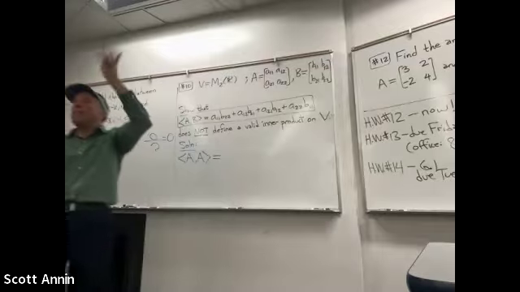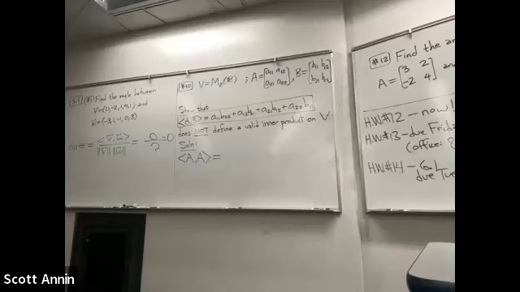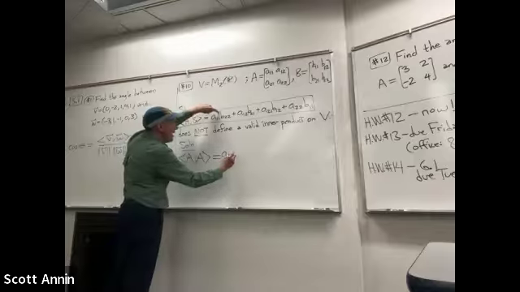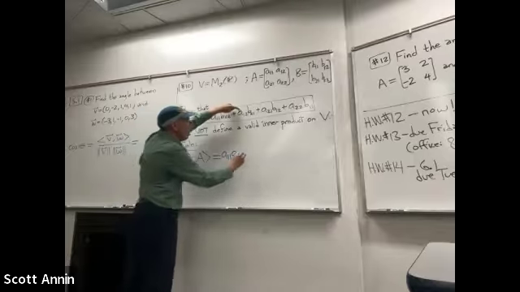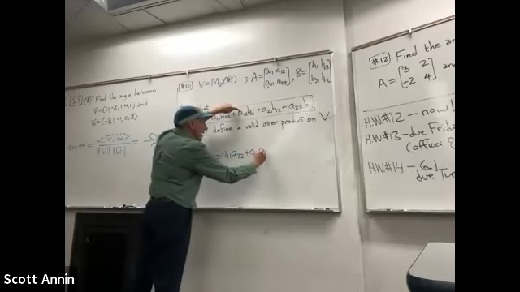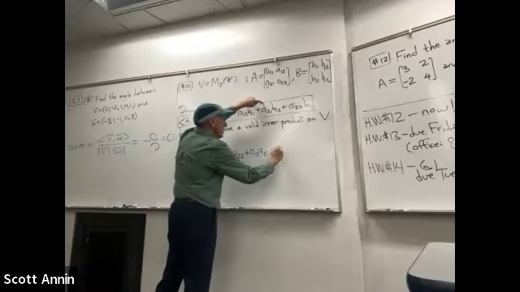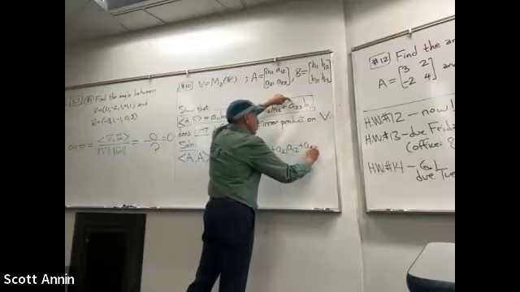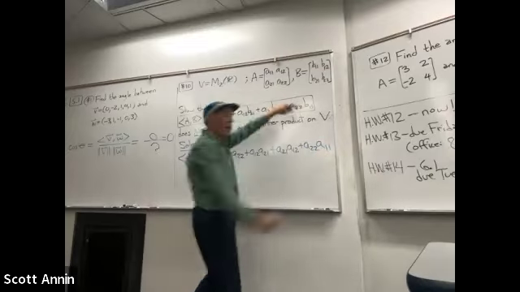And now we don't have any B's anymore. It's just duplications of the A's. So this first term is A11, A22 plus A12, A21 plus A21, A12 plus A22, A11.